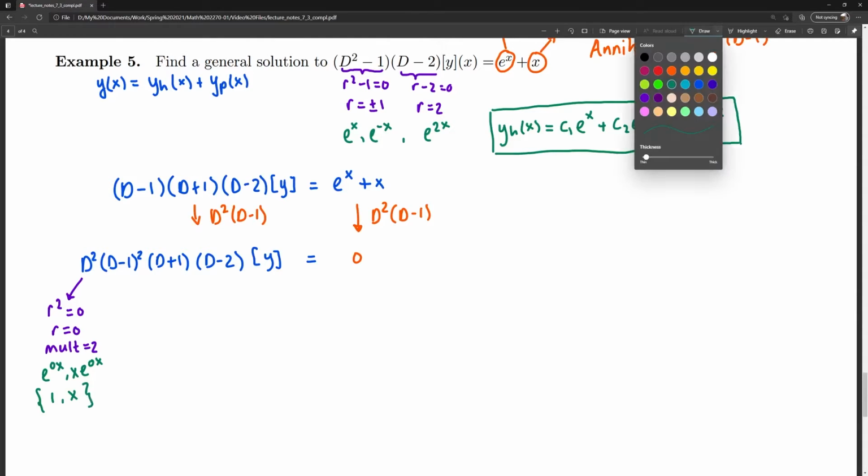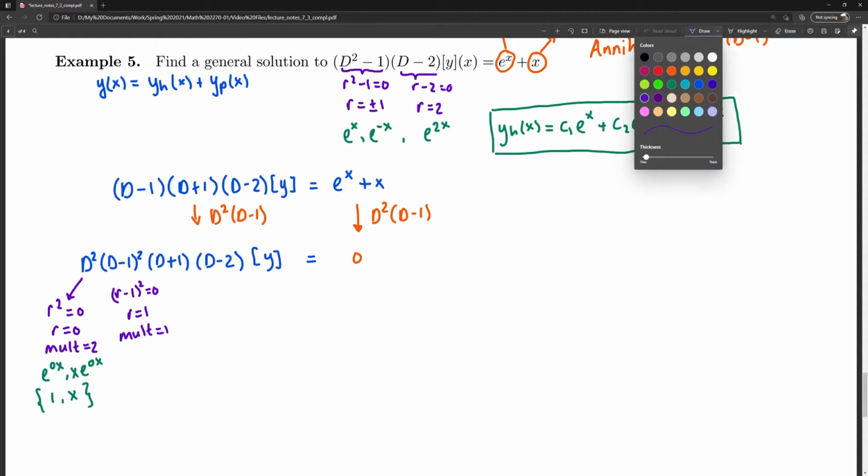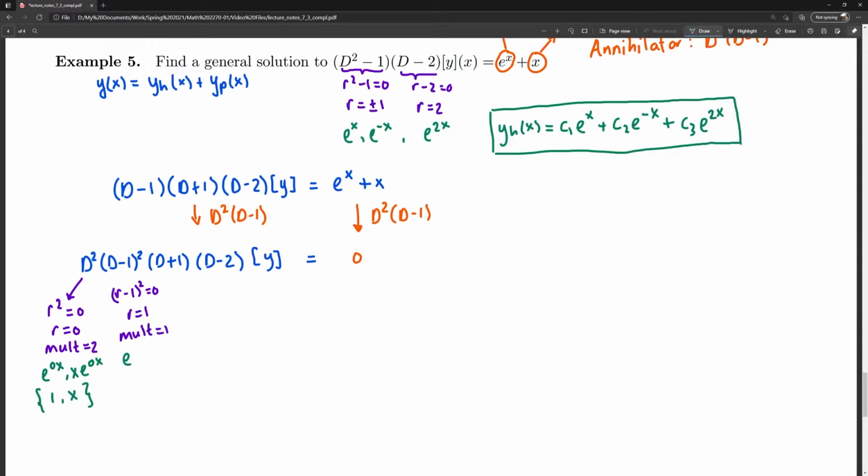And then for D minus 1 squared, we get r minus 1 squared equals 0. And so that is r equals 1, with multiplicity 2. And so the corresponding solutions for that are e to the power x, and then x e to the power x.